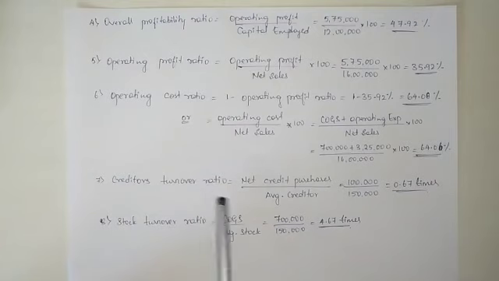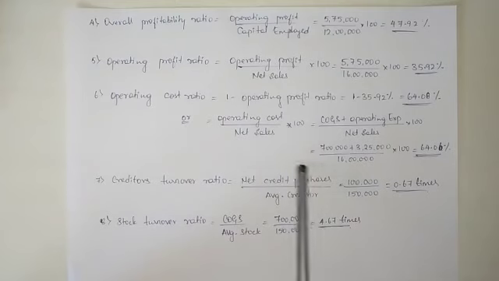Okay, then the next one is creditors turnover ratio: net credit purchases divided by average creditors. Your net credit purchase is 1 lakh rupees. Average creditors means opening creditors and closing creditors. Here opening and closing creditors are not given, only creditors is given in the problem.